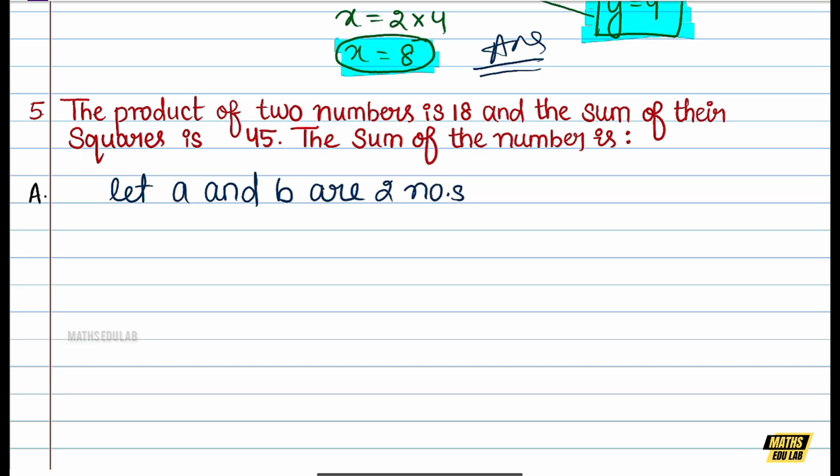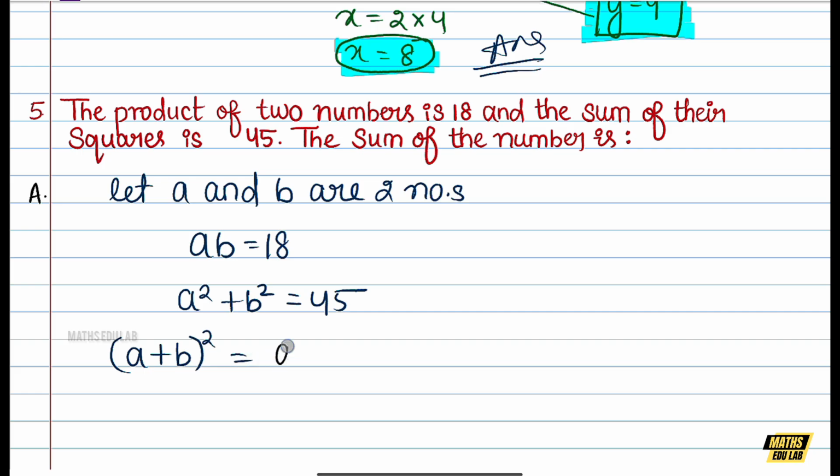It is said the product of two numbers, that means A into B is equal to 18, and the sum of their squares, that means A square plus B square, is equal to 45. Then, from the basic formulas, I can write (A plus B) whole square is equal to A square plus B square plus 2AB.